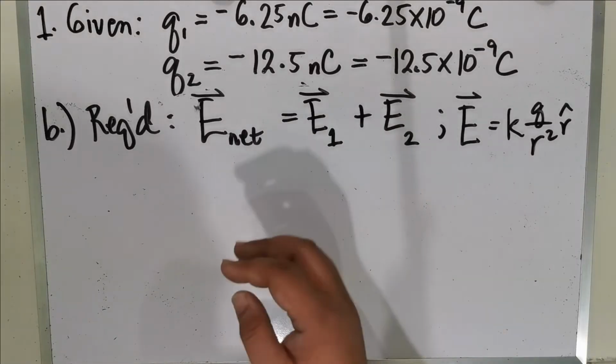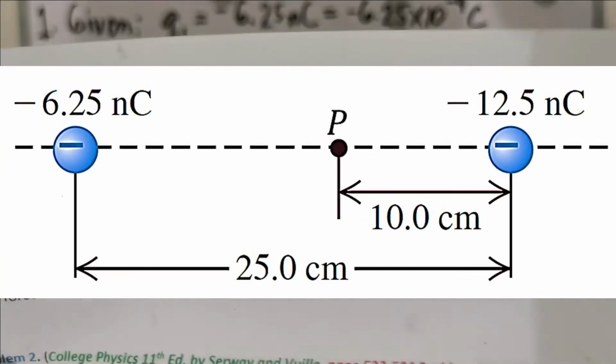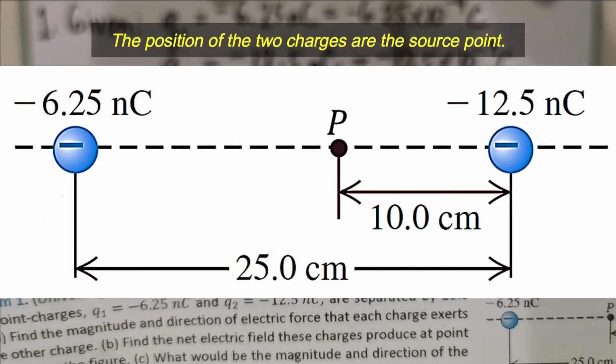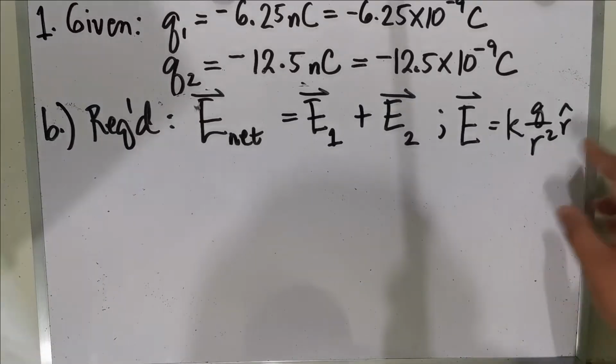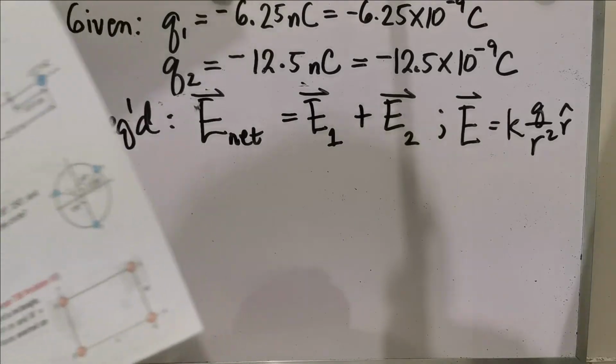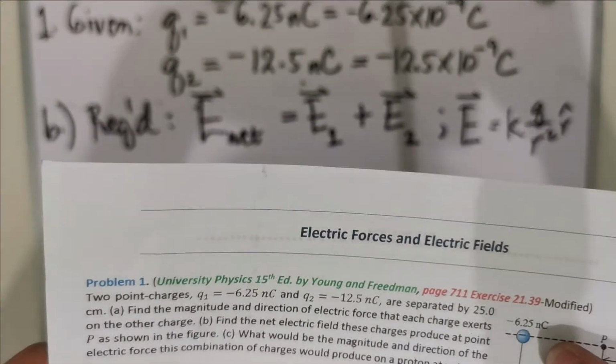In that case, P in our figure is what we call the field point, and these two are the source points. The R hat is a unit vector directed from the source point to the field point. So again, it is from the source point to the field point.